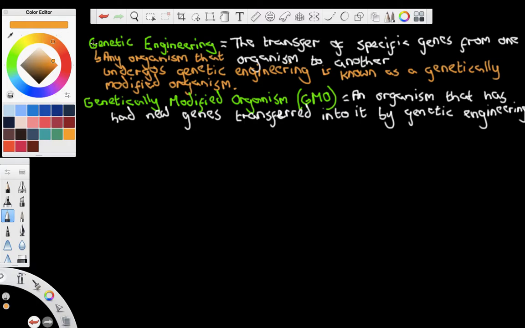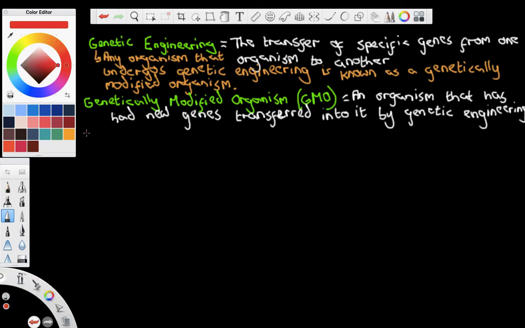Now, we use lots of GMOs in our everyday life, and we use genetic engineering in order to make our lives a bit easier or allow us to gain things that we otherwise wouldn't. This is frequently used in plants, but it is also used in other organisms.